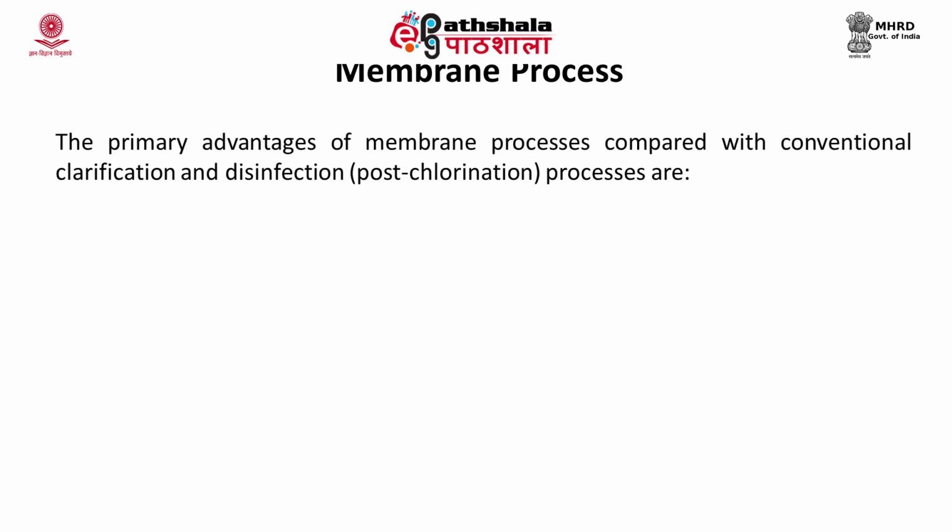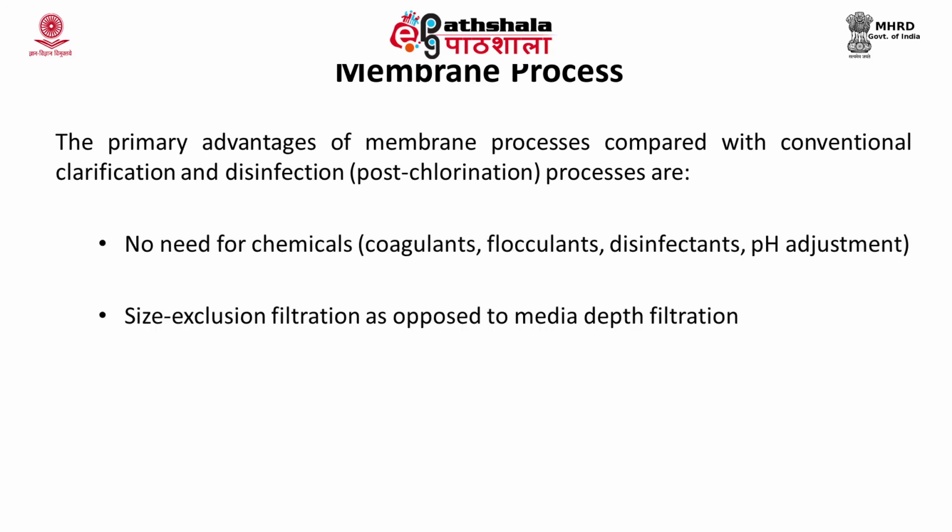The advantage of these membrane processes is that there is no need for chemicals. In the other processes, either coagulants, flocculants or disinfectants are added to the water, but in the membrane processes there is no need to add any chemical. The second advantage is size exclusion filtration.